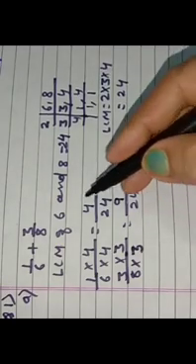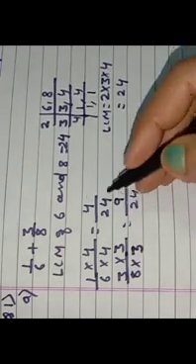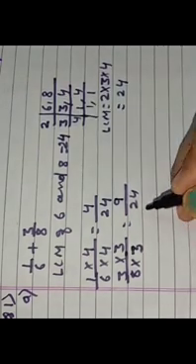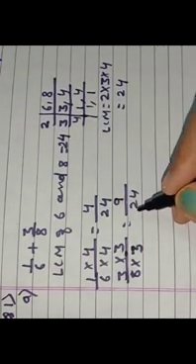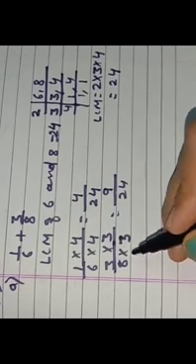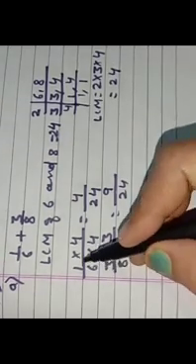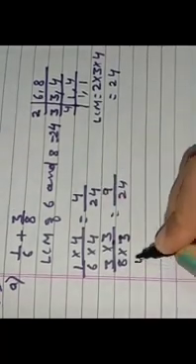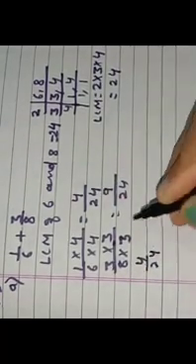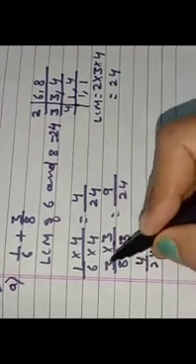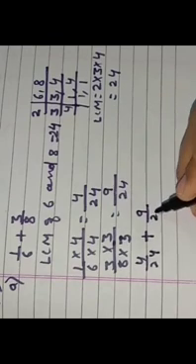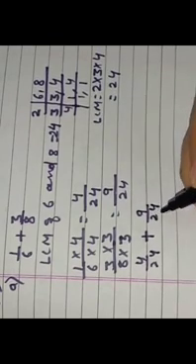Now we see that both are like fractions and we can add them easily. We can write 1 by 6 as 4 upon 24 plus 3 upon 8 as 9 upon 24.